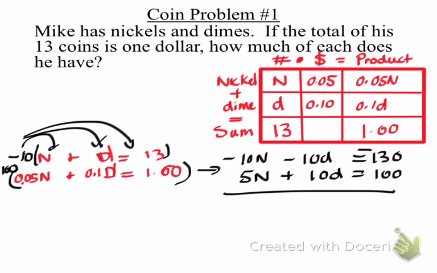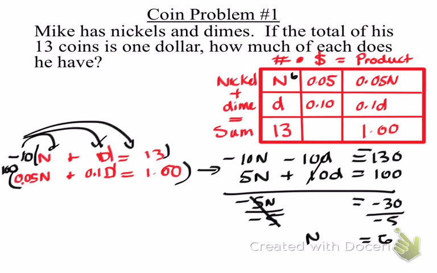Now I get -5n equals -30. Divide by -5, divide by -5, and n equals 6.